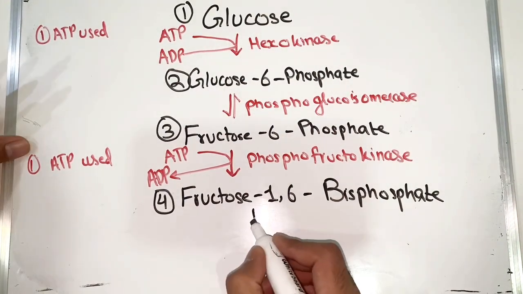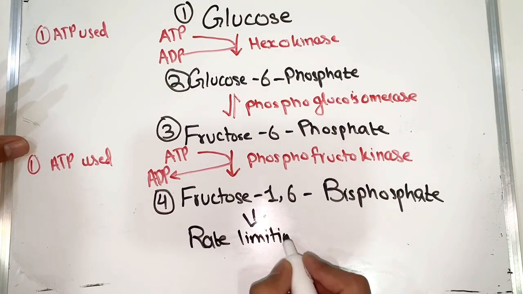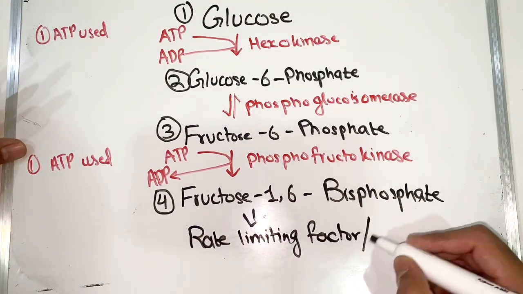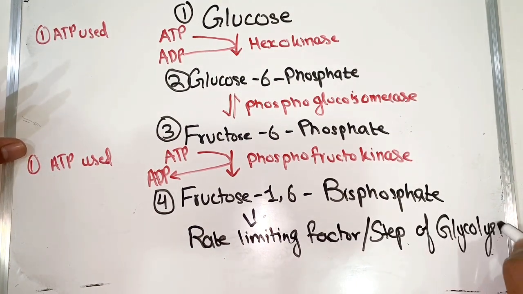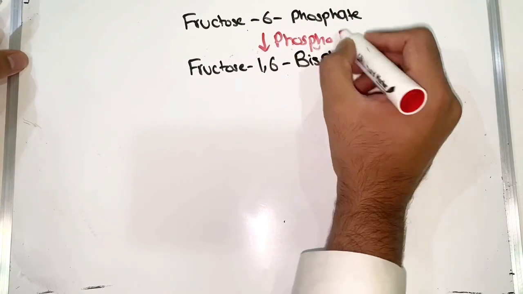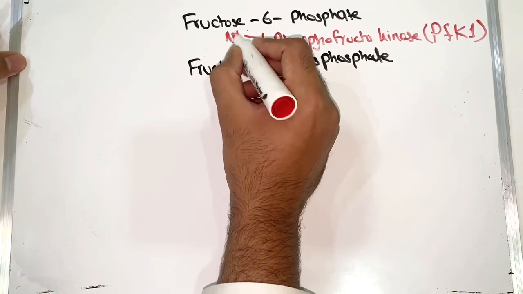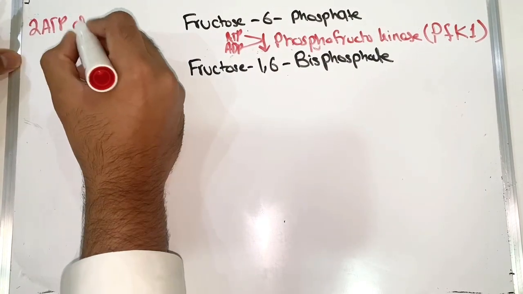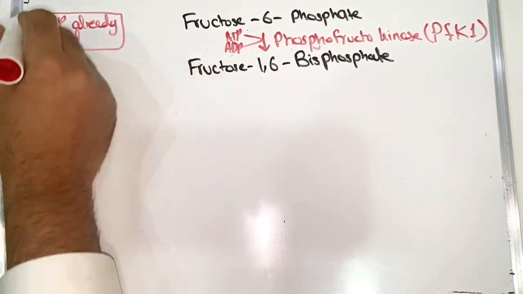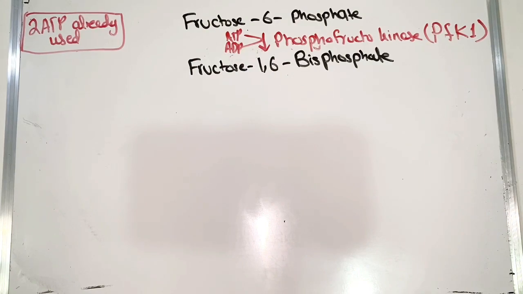Fructose 1,6-bisphosphate formation is the rate limiting step of glycolysis, and the rate limiting step is also called the committed step of glycolysis. Let's see how it works. Fructose 6-phosphate is converted into fructose 1,6-bisphosphate by the enzyme phosphofructokinase, which is PFK1. But it does not start here.